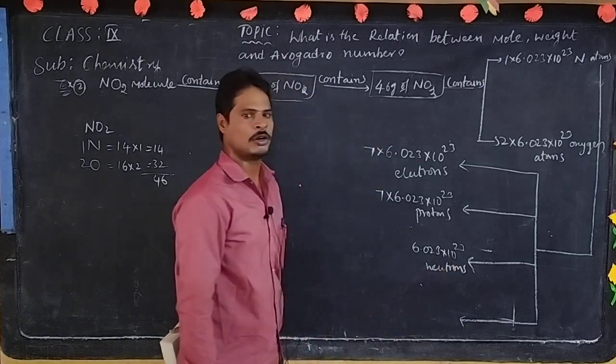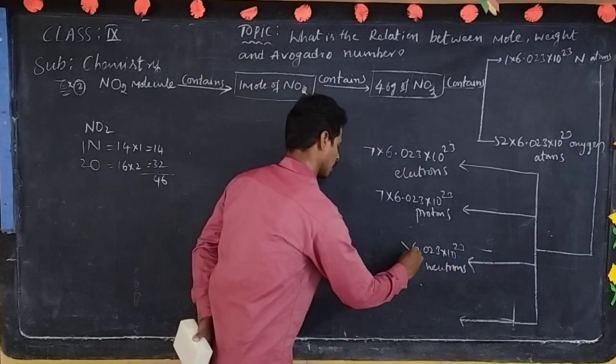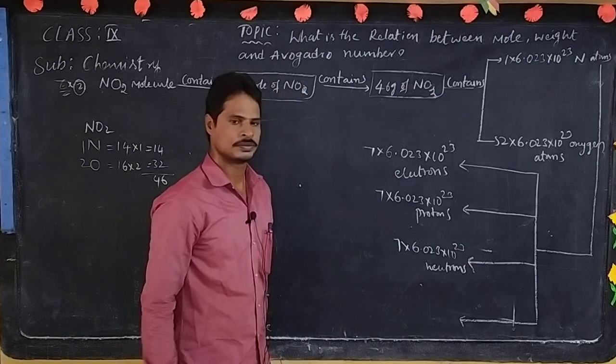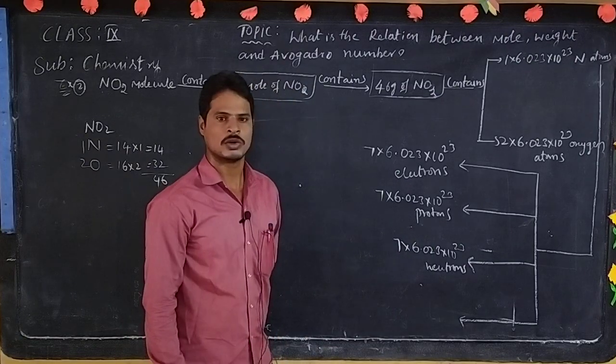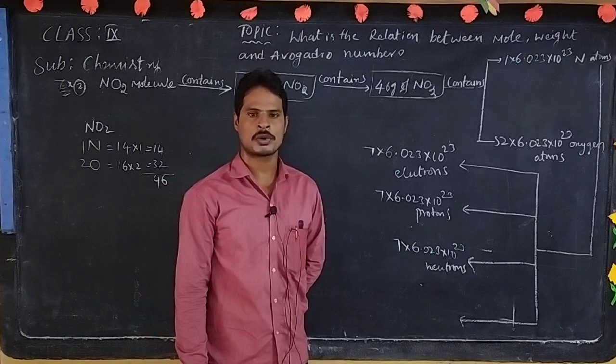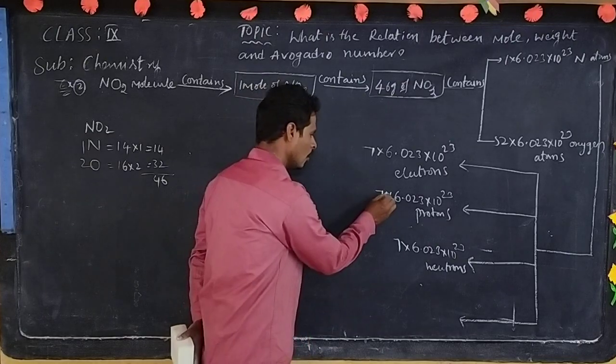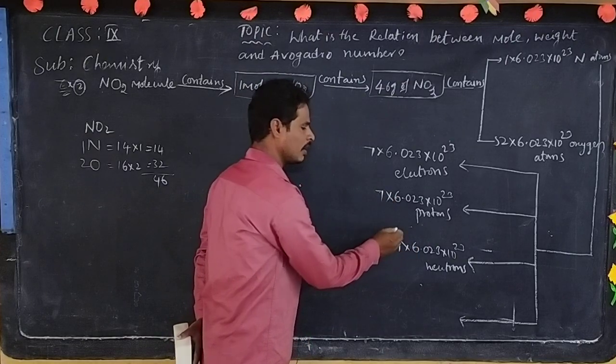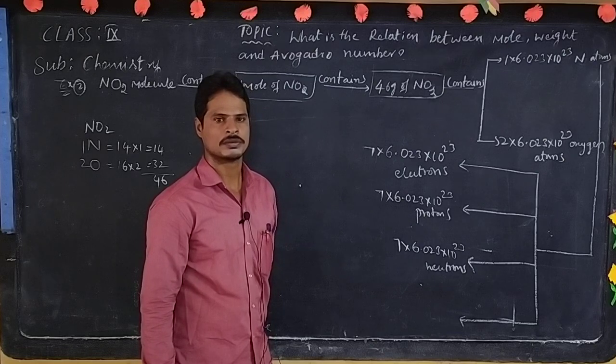But nitrogen contains how many neutrons? 7 neutrons. Next, nucleons. What is the meaning of nucleons? The sum of protons and neutrons. 7 plus 7, 14.